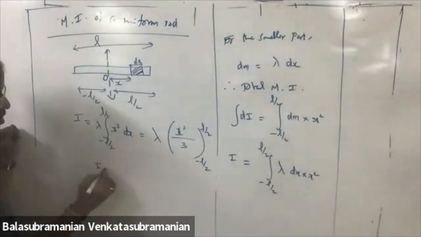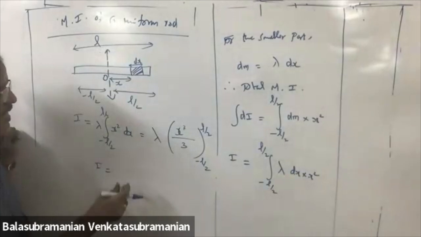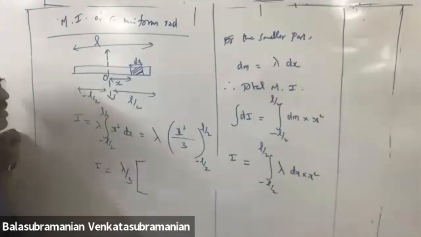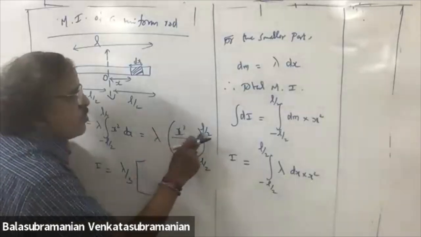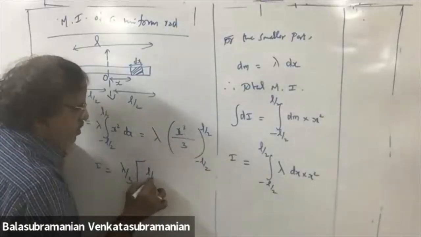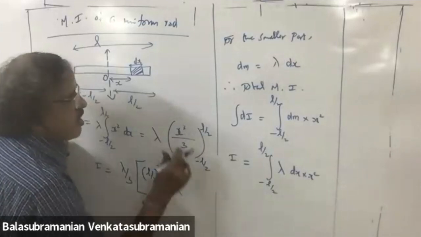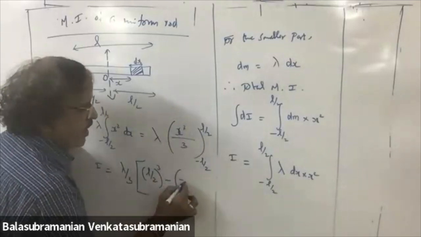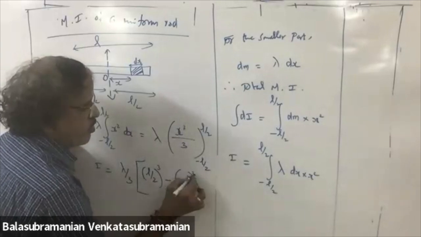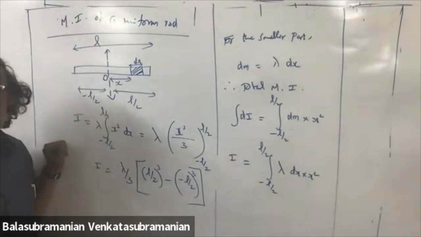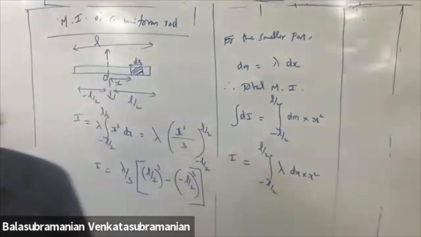So I is equal to lambda by 3. Instead of x, you put L by 2: L by 2 the whole cube, minus, instead of x, you put minus L by 2: minus L by 2 the whole cube. Substitute.